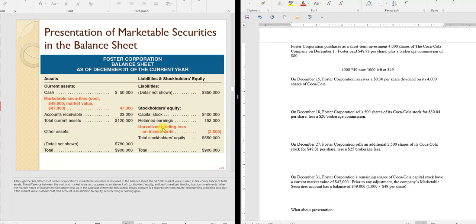Some of them it does, but for most securities it goes in the stockholders' equity section, mainly because our wealth has increased, but we haven't got any income to spend off of it. So for instance, if you have owned Facebook stock in the last week or two, it has gone down. You don't necessarily have less cash unless you actually sell it.